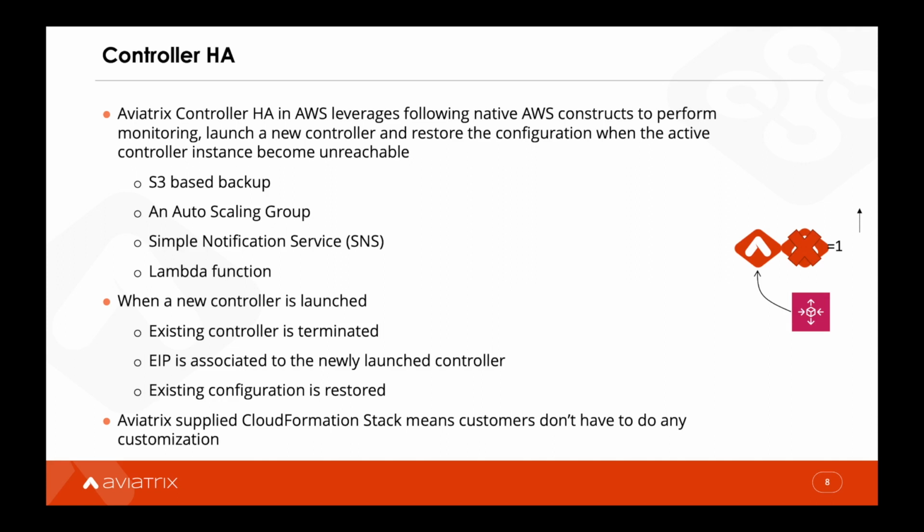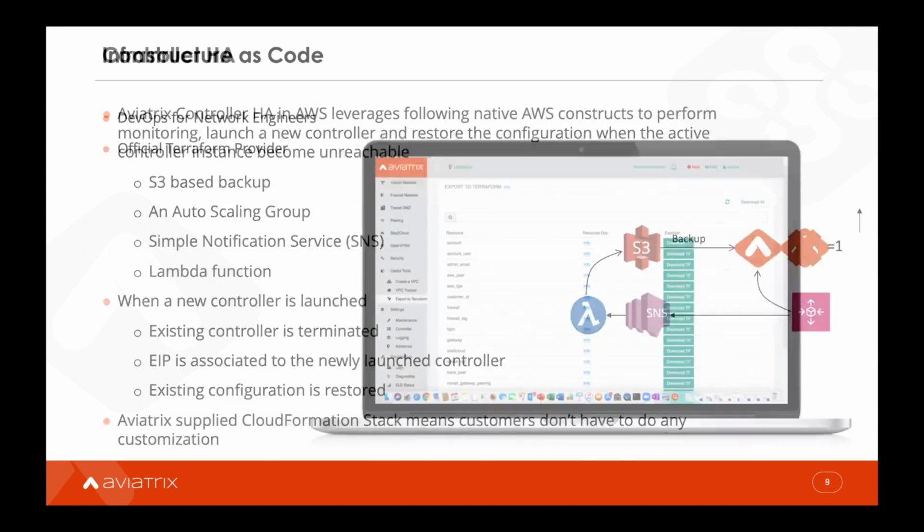If the controller were to go down for any reason, a simple notification service or SNS alert would automatically trigger a Lambda script that would retrieve the configuration of the controller from that S3 bucket and rebuild a new controller with the existing Elastic IP. The SNS and Lambda scripts are configured and executed automatically, so the bring up of the new controller is also automatic. And we have similar methods for controllers in other CSPs as well.